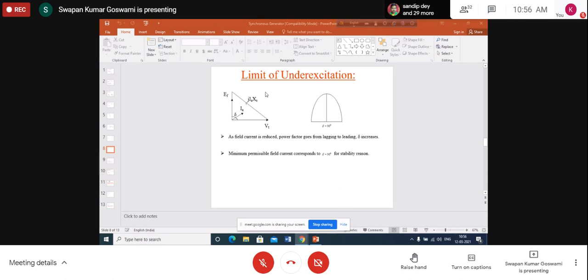A generator has to be underexcited means the generator has to consume reactive power from the system. Now, when should the generator deliver reactive power, and when should it consume reactive power? Any idea about that? Anybody? What is your thinking?